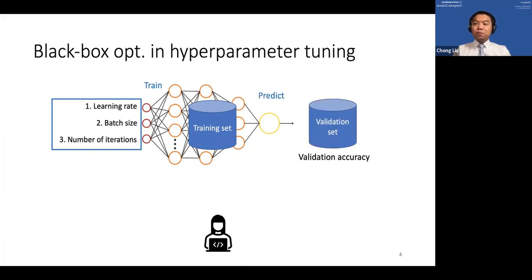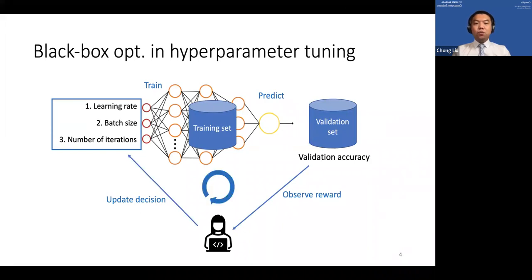And you make predictions on the validation sets and then observe the validation accuracy. Of course, hyperparameter tuning aims to maximize the validation accuracy. And after observing the validation accuracy, the computer scientist will update the decision sets. And this whole process also runs in iterations.